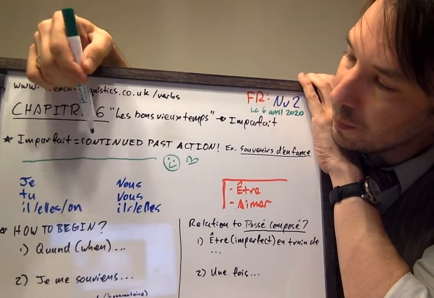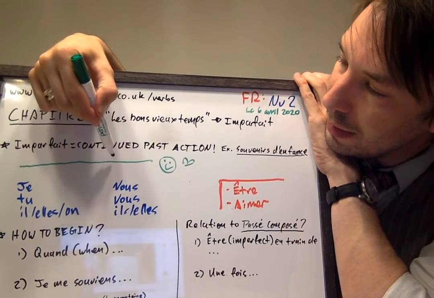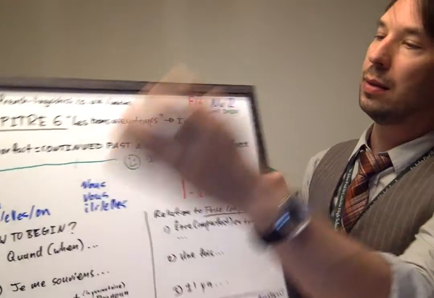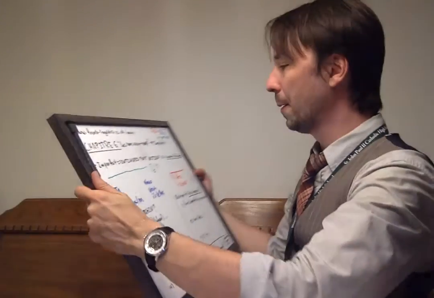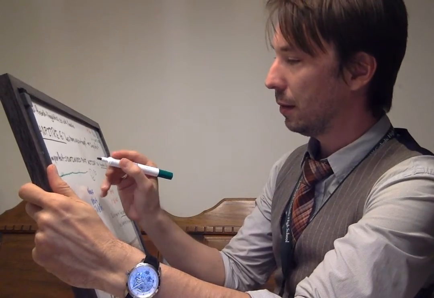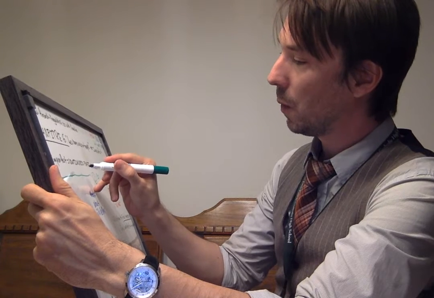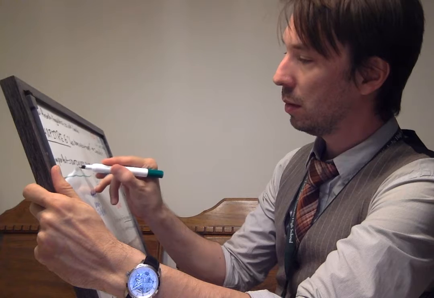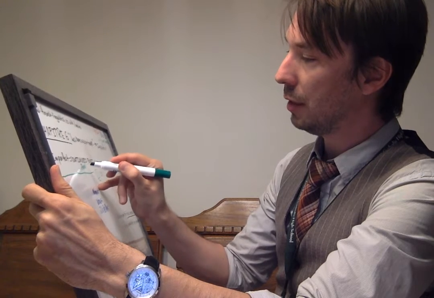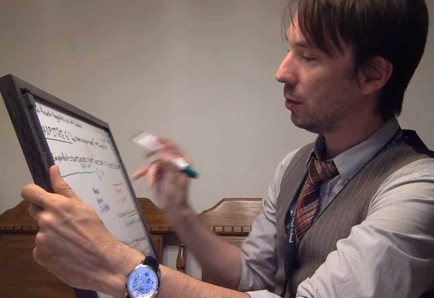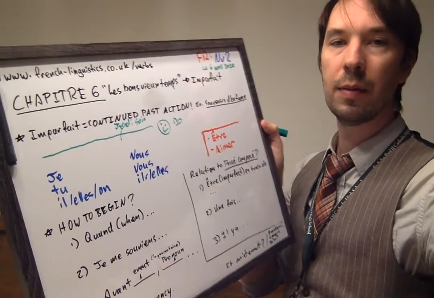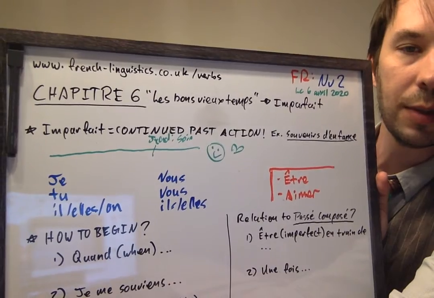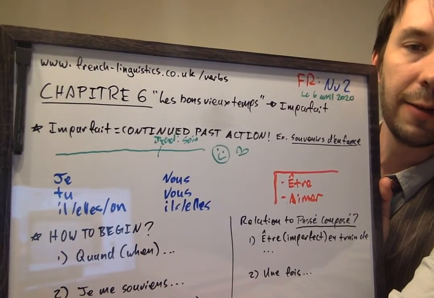I can take a particular time in the past, here, and I can say this is jeudi soir, Thursday evening.